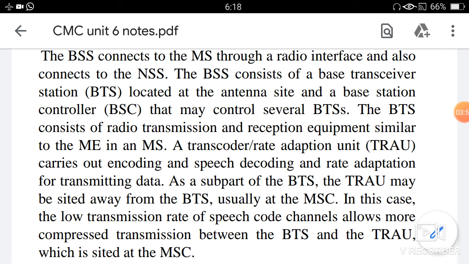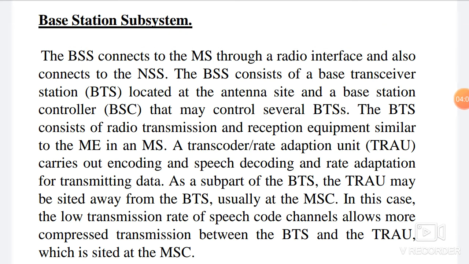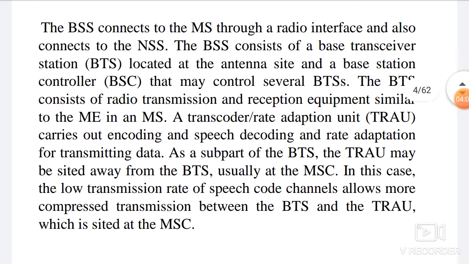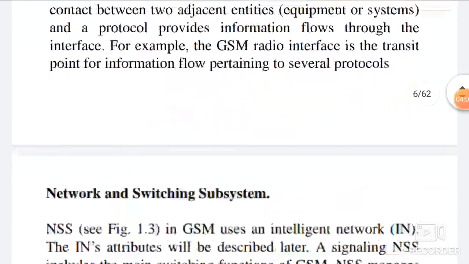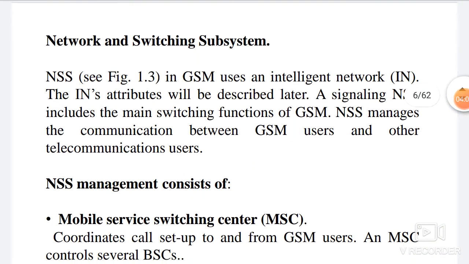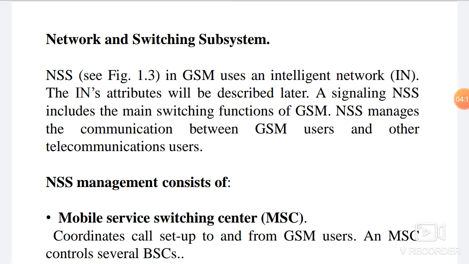It carries out speech encoding and decoding and rate adaptation for transmitting data. As a subpart of the BTS, the TRAU may be sited away from the BTS, usually at the MSC. In this case, a low transmission rate of speech coding channels allows more compressed transmission between the BTS and the TRAU, which is sited in the MSC.